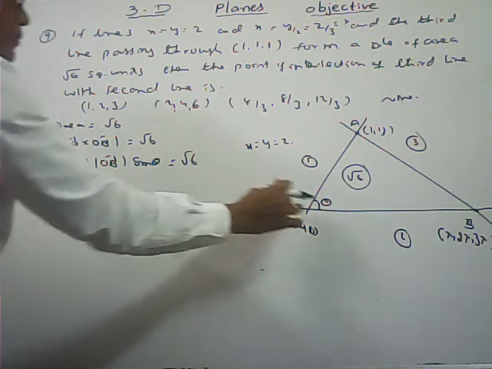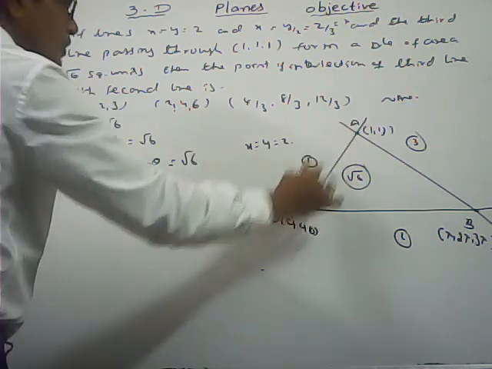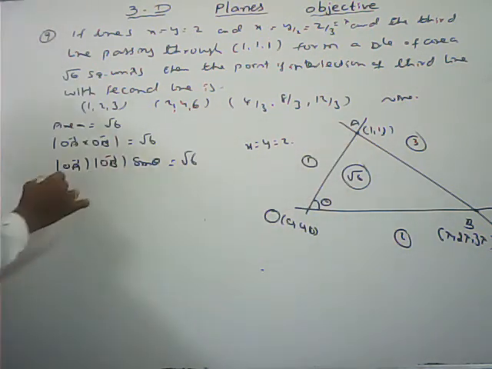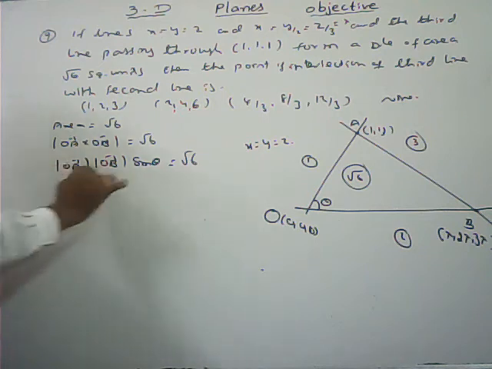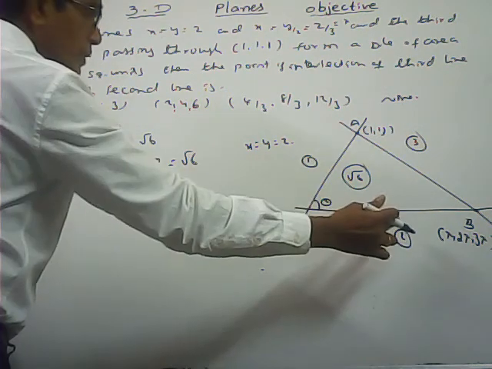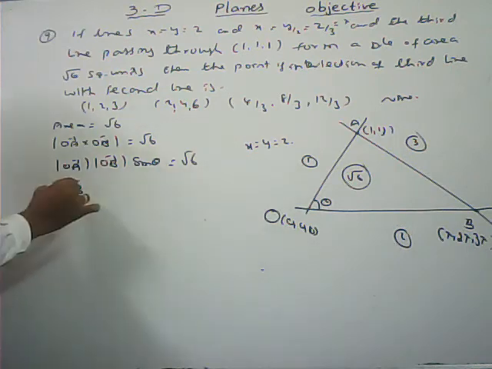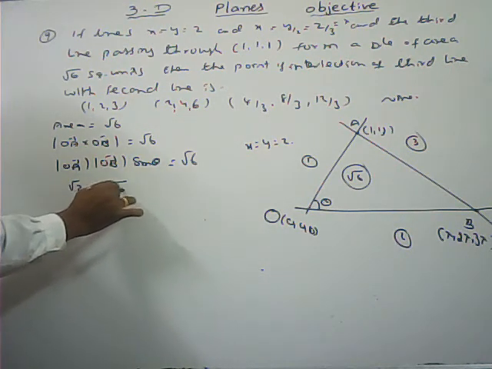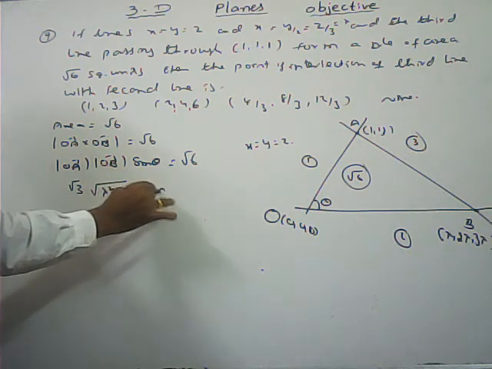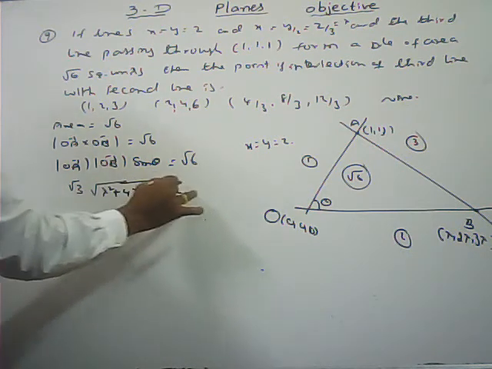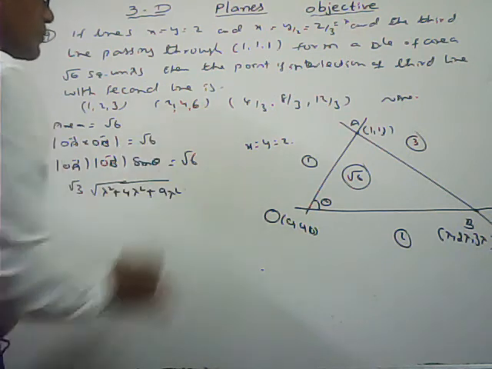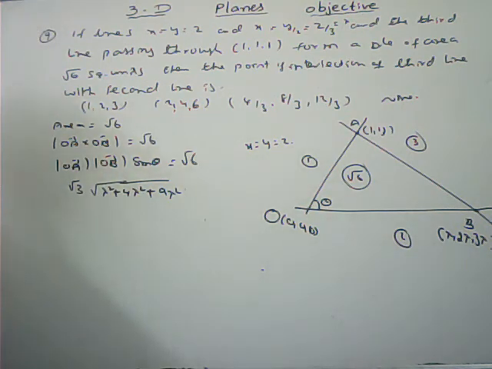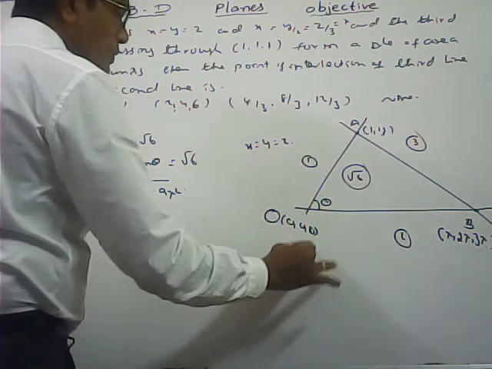Modulus of OA bar. Here what about OA bar? i cap plus j cap plus k cap, its modulus is root 3. OB bar is lambda, 2 lambda, 3 lambda, its modulus is root of lambda square plus 4 lambda square plus 9 lambda square, into sine theta. How to get this? Here first you can find cos theta.